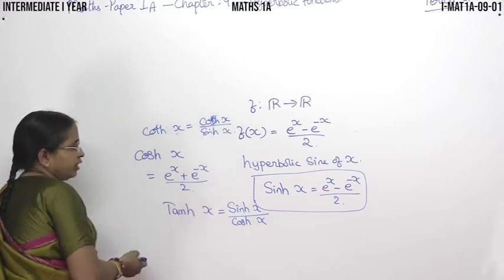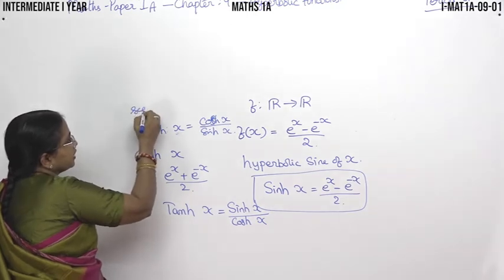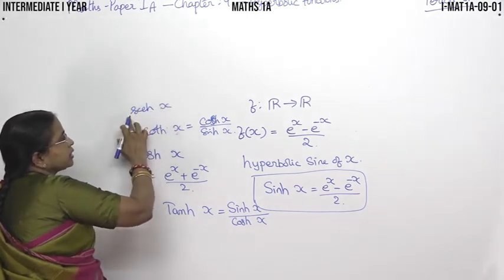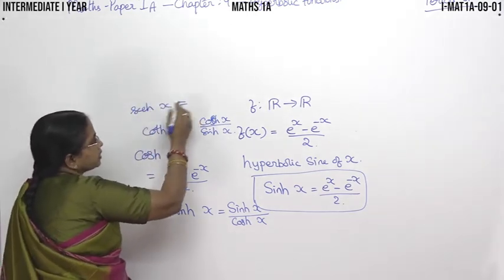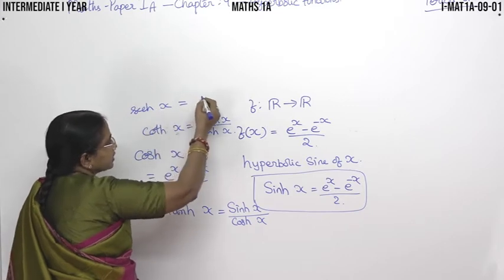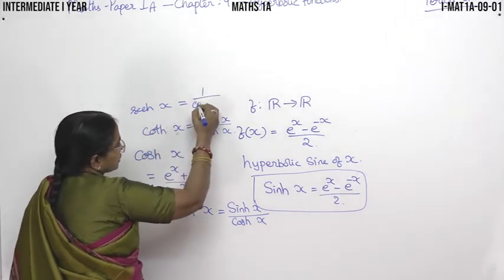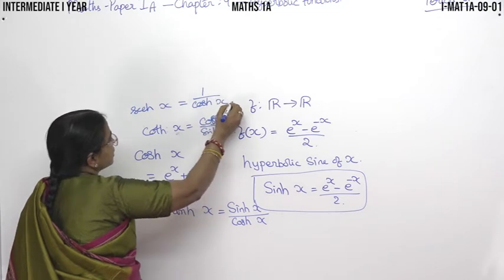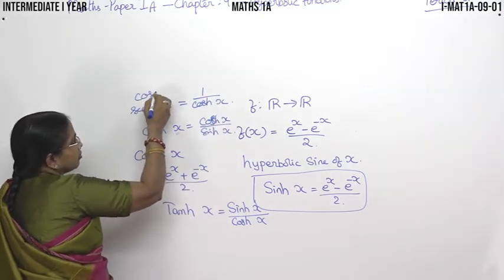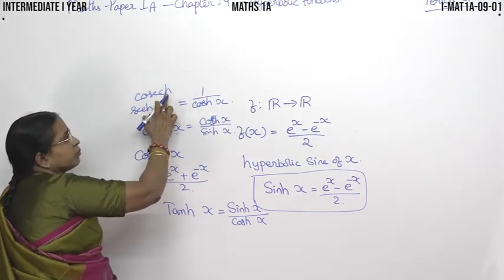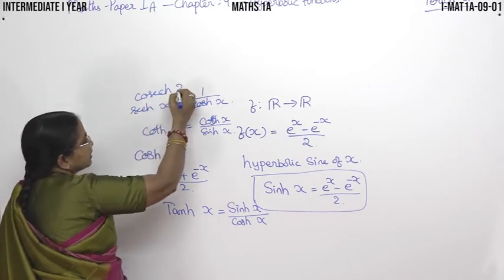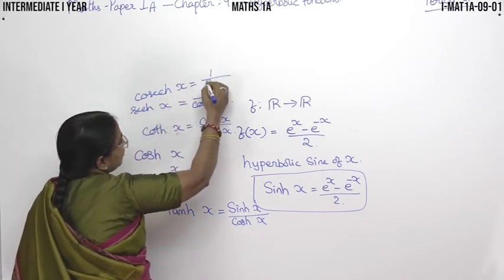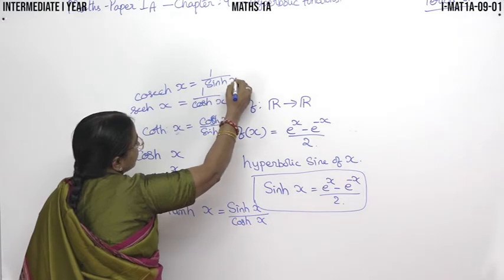In the same way, sech x is the hyperbolic secant of x, defined as 1 by cosh x. Hyperbolic cosecant of x is defined as 1 by sinh x.